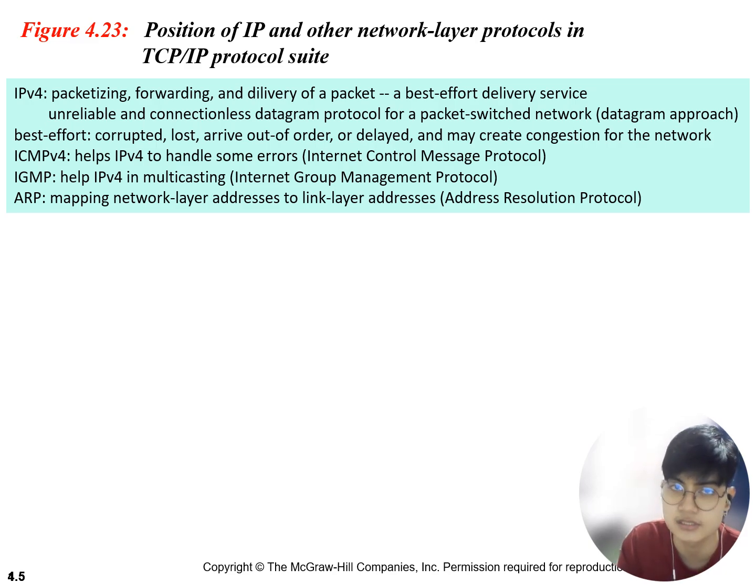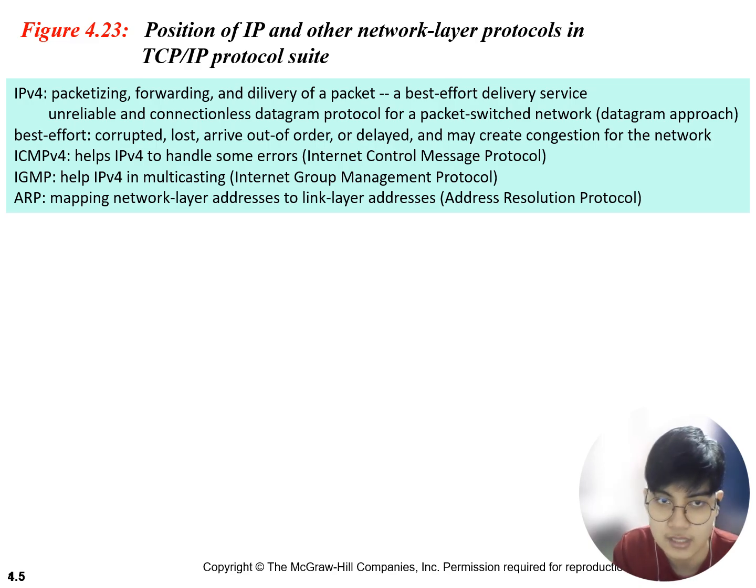The TCP/IP protocols, version 4: packetizing, forwarding, delivery of packets, a best-effort service. It is an unreliable connectionless datagram protocol for packet switched networks, so packets may be corrupted, lost, arrive out of order or delayed, and may create congestion for the network.